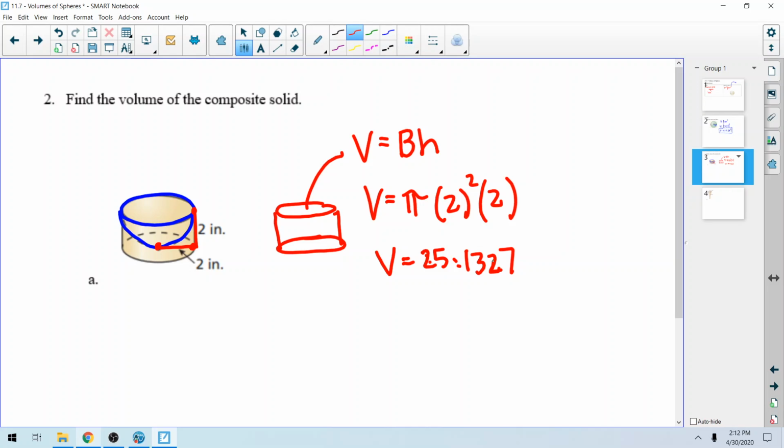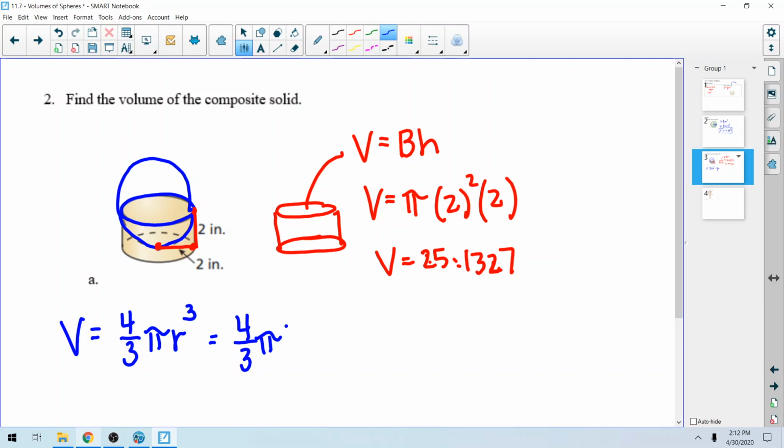Now, the next thing I'm going to look at is the bowl in here, which is half a sphere. Technically the whole sphere kind of comes up like this, and you have a whole sphere. So the volume of a sphere is 4/3 pi r cubed. Don't forget the cube. Because if this is 2, then this is 2, so it's still 2.